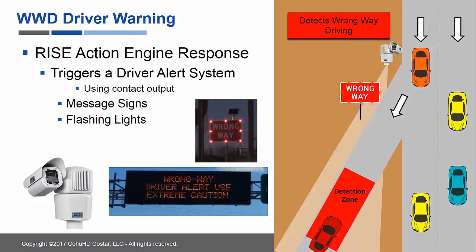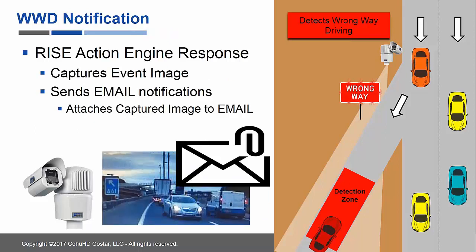So once the analytics triggers the event in the RISE action engine, then what the action engine from that point can do is set a trigger and output contact that activates a driver alert system, which could be flashing lights, a message sign, a horn, a number of things that would be driven off of the contact output coming off of the camera.